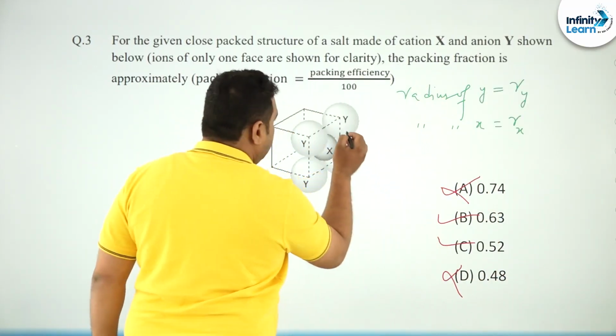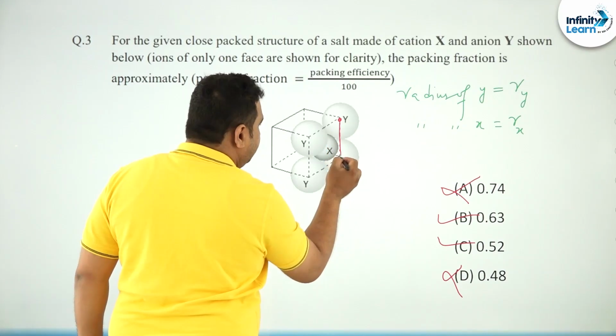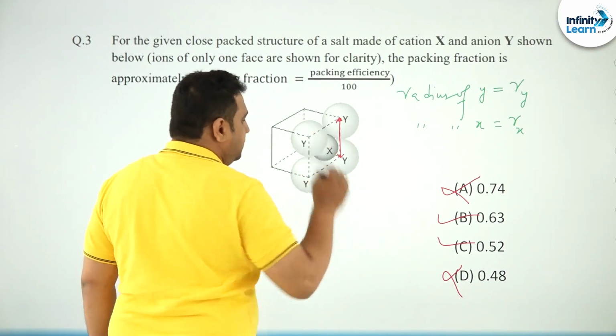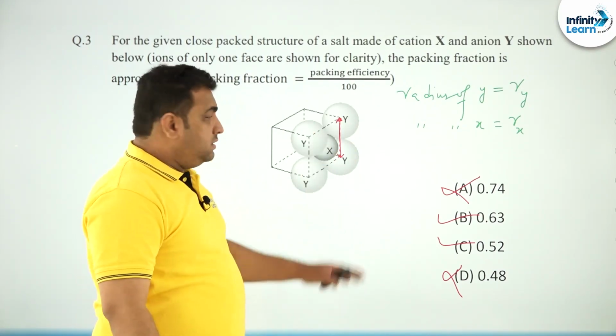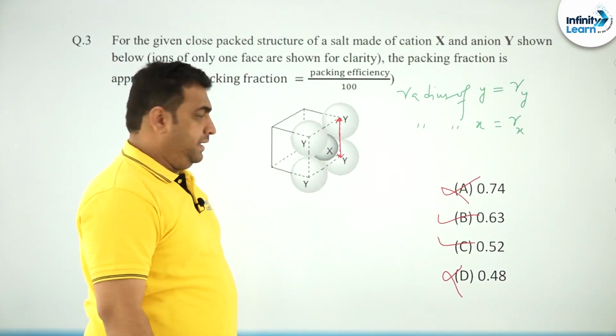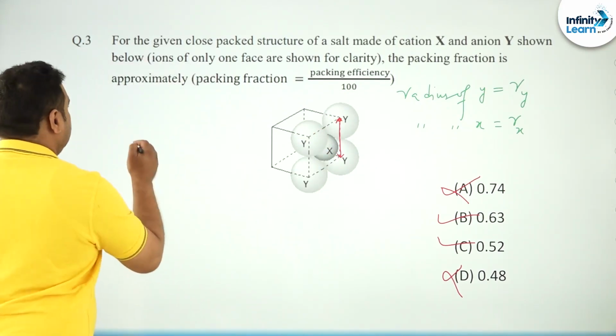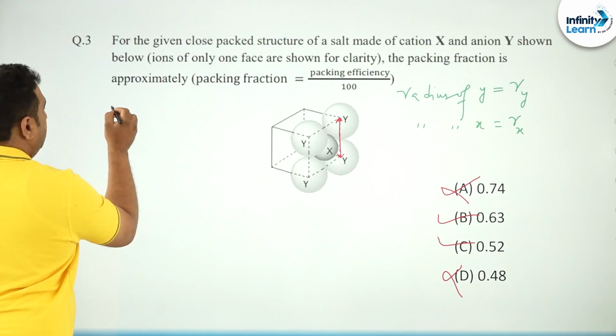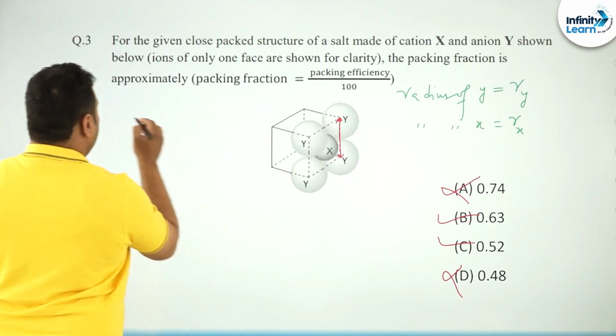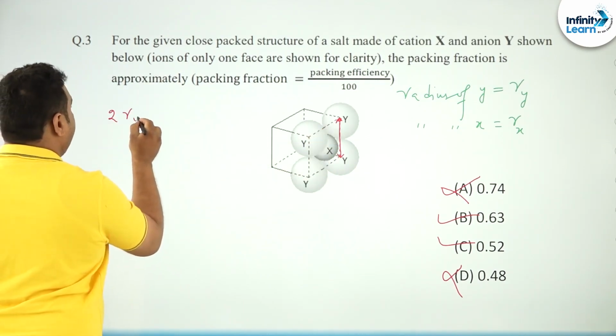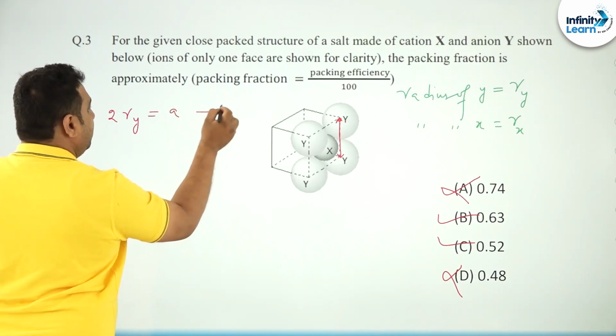Now, moving to, what is this particular side with respect to y? Everybody come here. You can see 2 times the radius of y is equal to a, equation number 1.